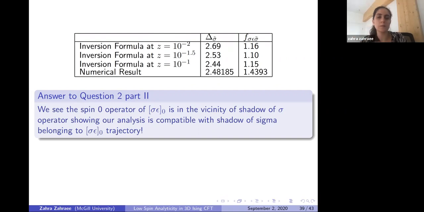However, we cannot fully pin it down. We also look at the OPE coefficient of this operator to be able to pin it down. However, we see that there's like a 30% error. So it's still very moderate.